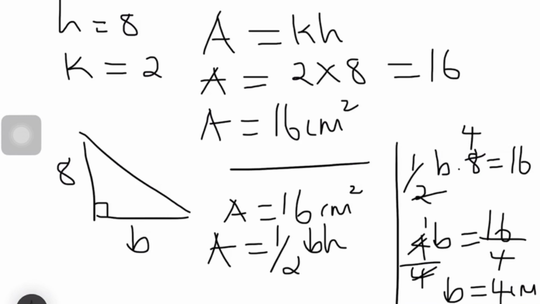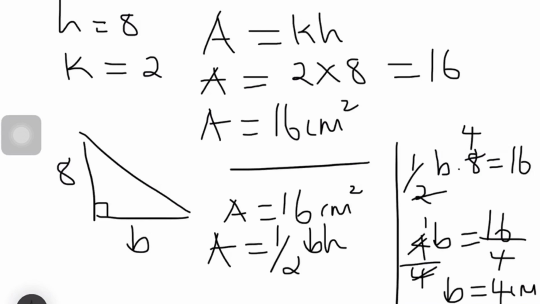Once you have the value for a, now go back. You have your triangle there, you know your height, and then you have to find the value of b. Now apply the formula for calculating the area of a triangle. You know the formula is a half multiplied by base multiplied by height.